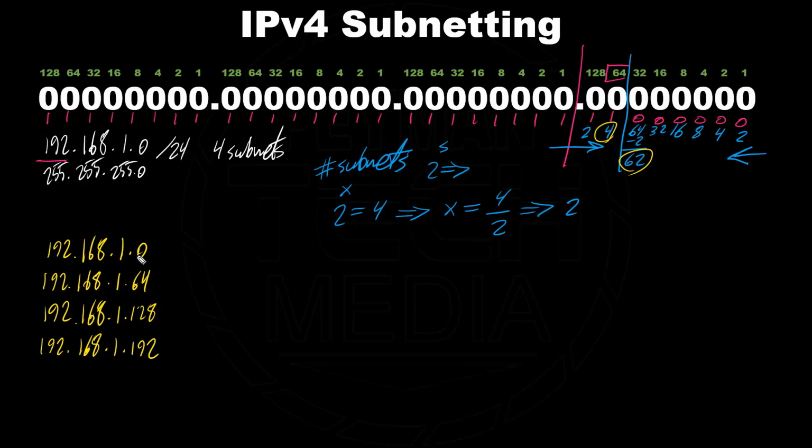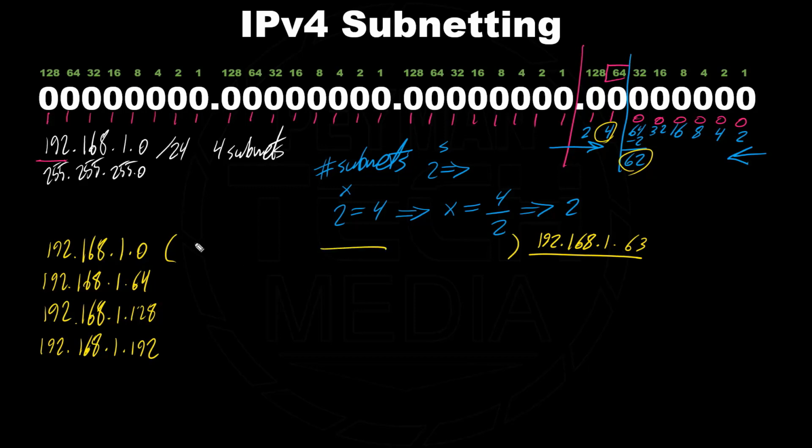For example, if we look at the first subnet here, let's write the broadcast. The broadcast is always one less than the next subnet. The next subnet is 1.64, therefore it should be 1.63. So 192.168.1.63.